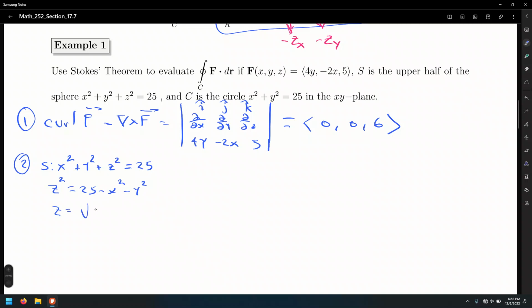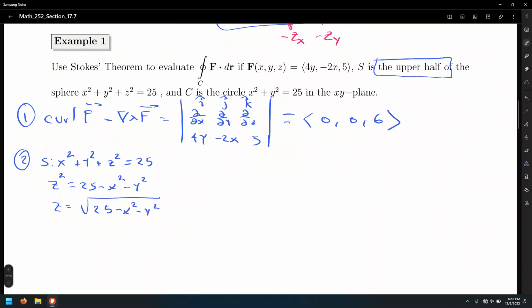And z equals the square root, well, plus or minus essentially. But notice they're telling us that it is only the upper half of the sphere, so I'm just going to write the positive solution here: the square root of 25 minus x squared minus y squared.